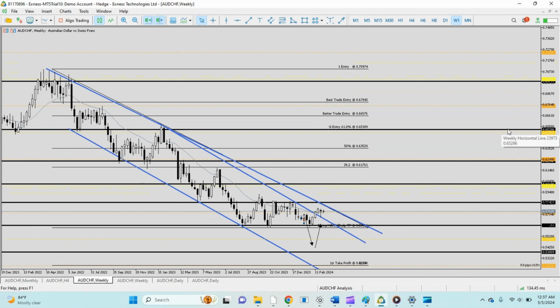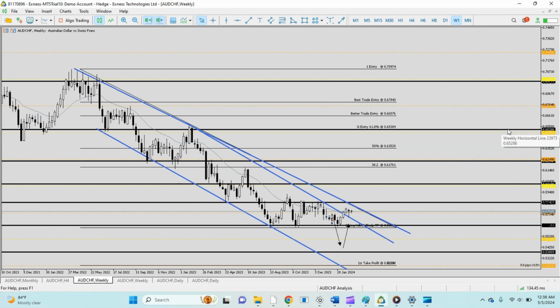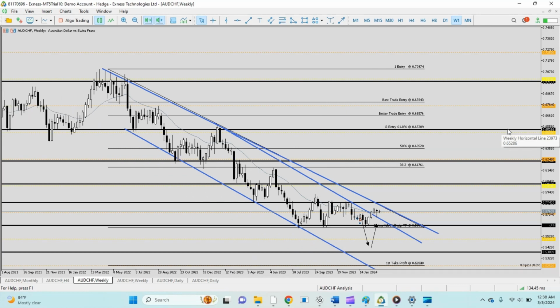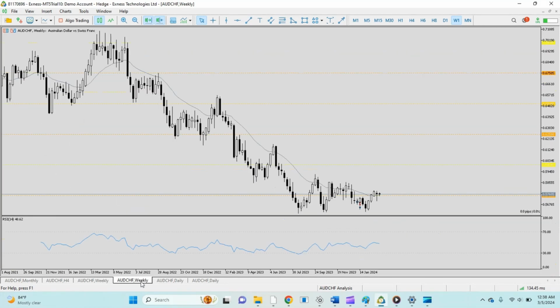So we're expecting to wait for price to break out of the channel or test the channel and continue the downward movement. So we just have to wait and be patient for the price to evolve.